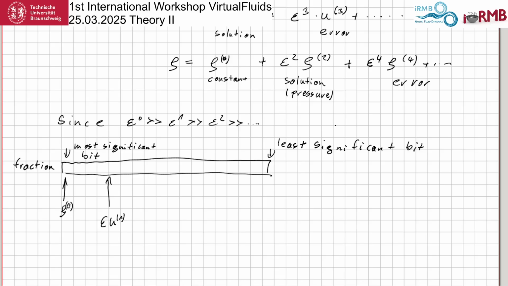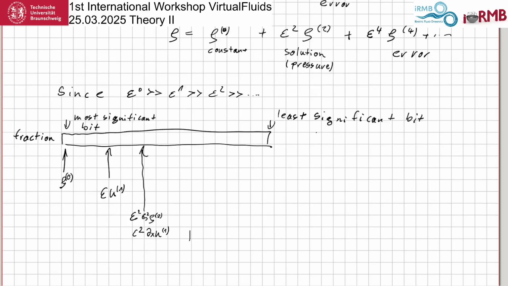Then you have the velocity, epsilon to the first order, is here. Say, then this pressure, epsilon to the second order, there's actually the speed of sound in this, but it doesn't matter. Rho second order, so this is the pressure. You also have the stress. That's also in here. So this is actually the derivative of the first order, which is the solution. And then you also have things that you don't care that much about.